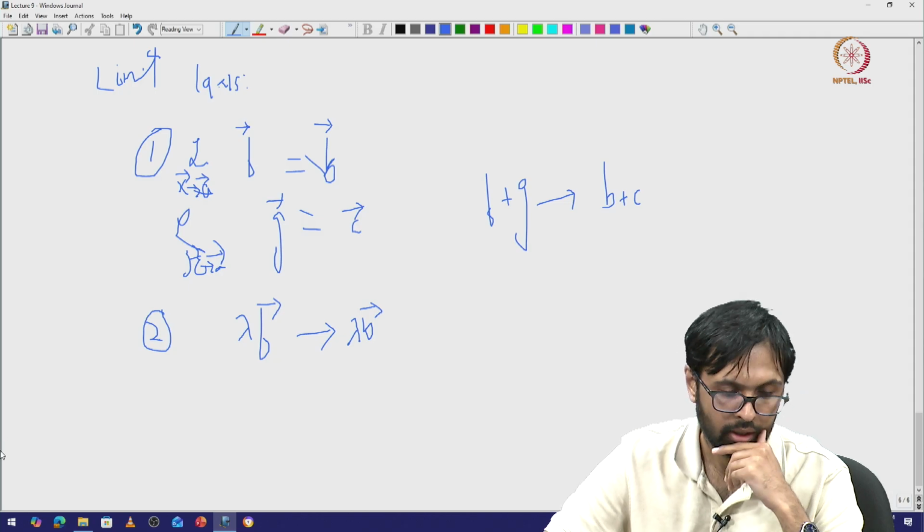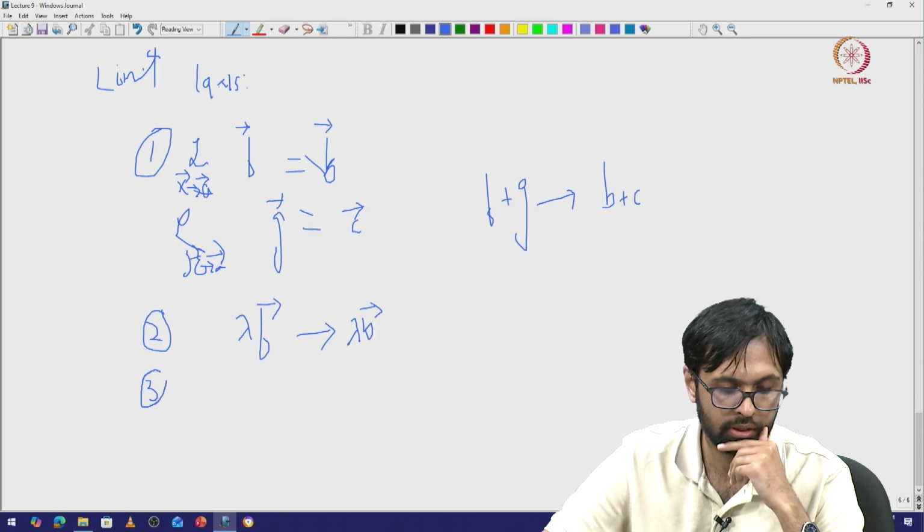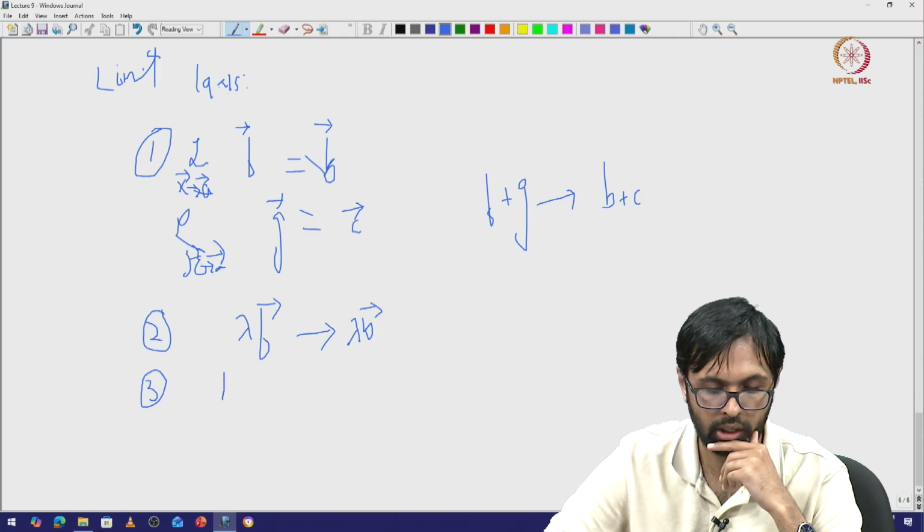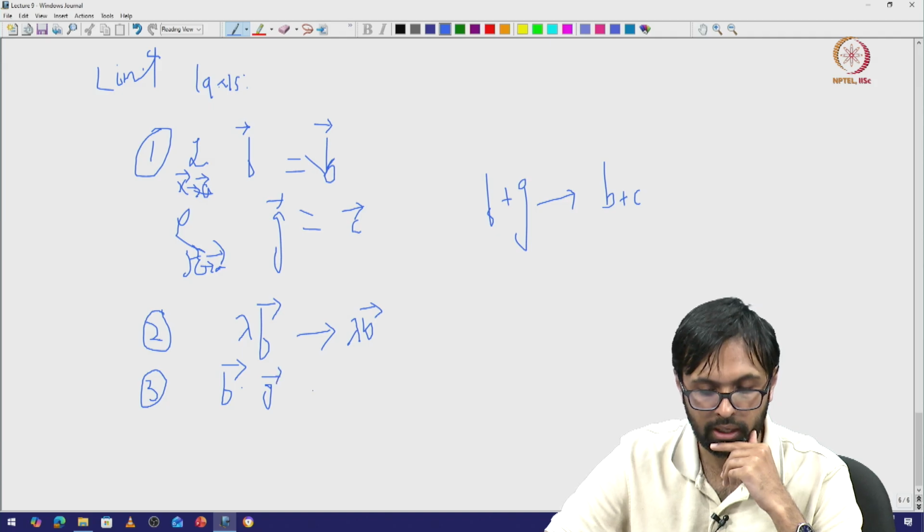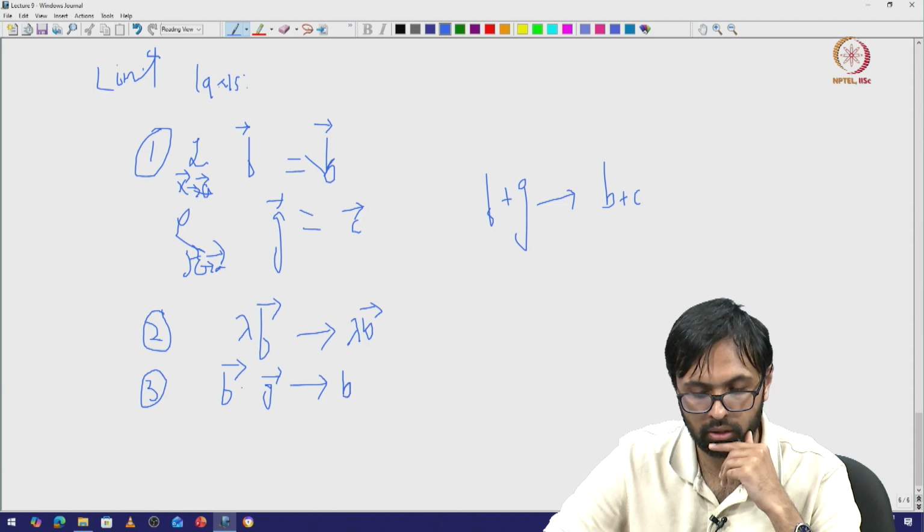Likewise, if you take the dot product of these two vector valued functions, this limit exists and it goes to whatever you expect it to go to, b dot c.